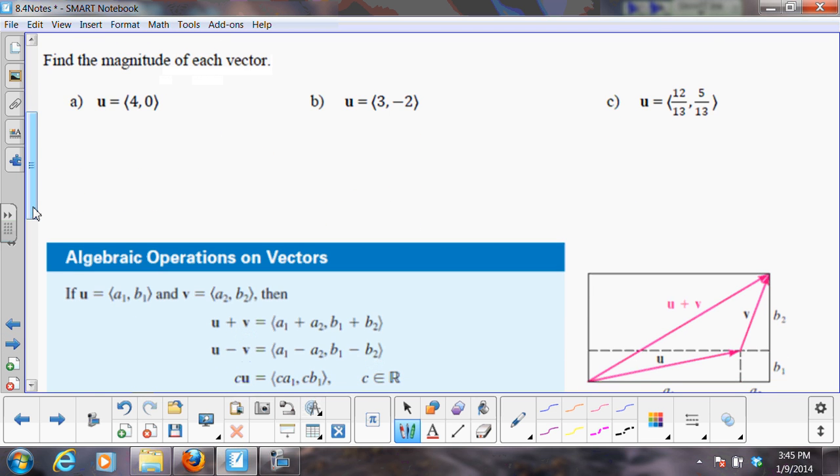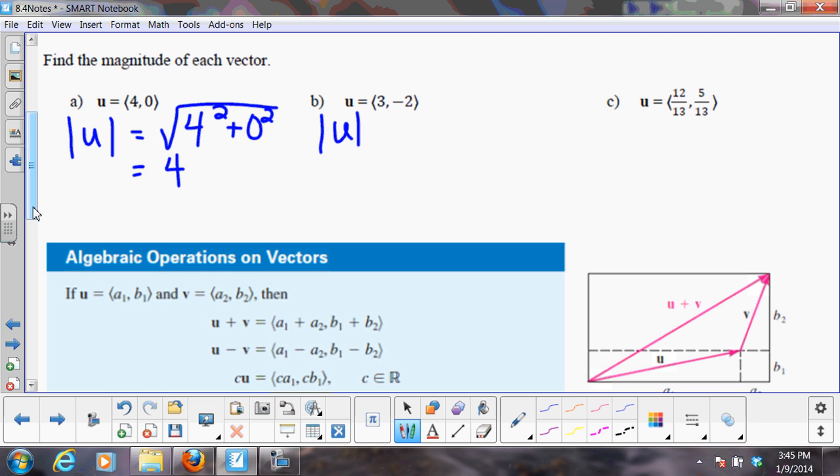So if we want to find the magnitude of u, we're going to take the square root of each part, 4 squared plus 0 squared. And this gives us 4. If we try part B, we're doing the square root of 3 squared plus -2 squared. And this gives us the square root of 13.